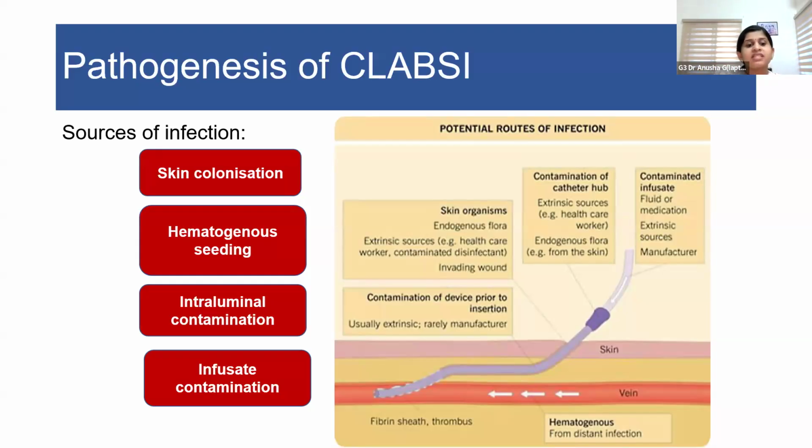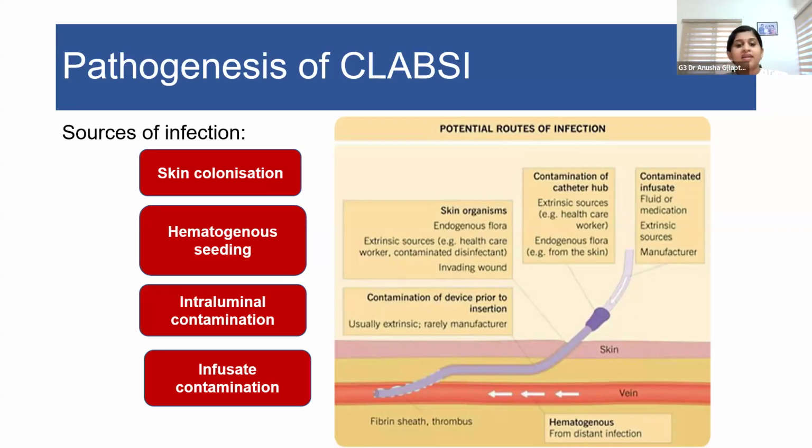Number two is hematogenous seeding. That is, the bacteria is already inside your bloodstream and has seeded the catheter. Number three is intraluminal contamination. That is, bacteria is present inside the lumen of the catheter, so there is some contamination that leaks into the bloodstream. Number four is infusate contamination. The central line is inserted to administer fluid or medications, so if whatever you are administering is contaminated, the bacteria enters the bloodstream through that contaminated fluid or medication.